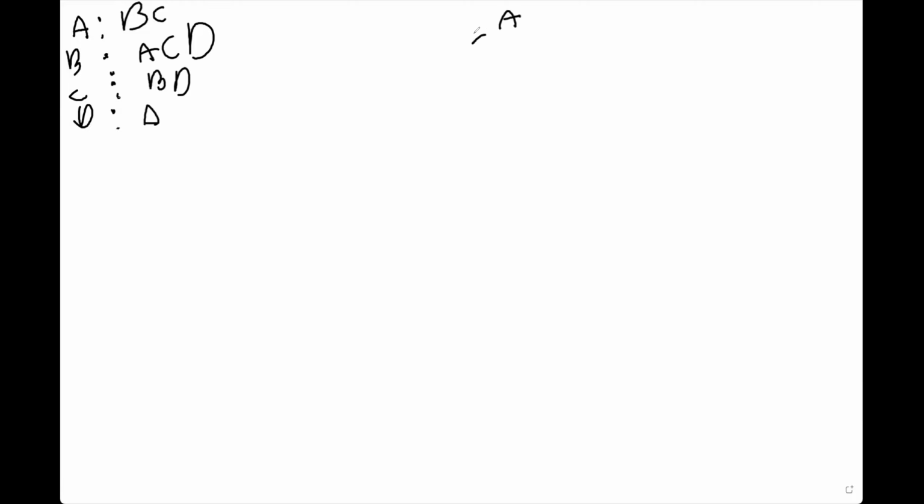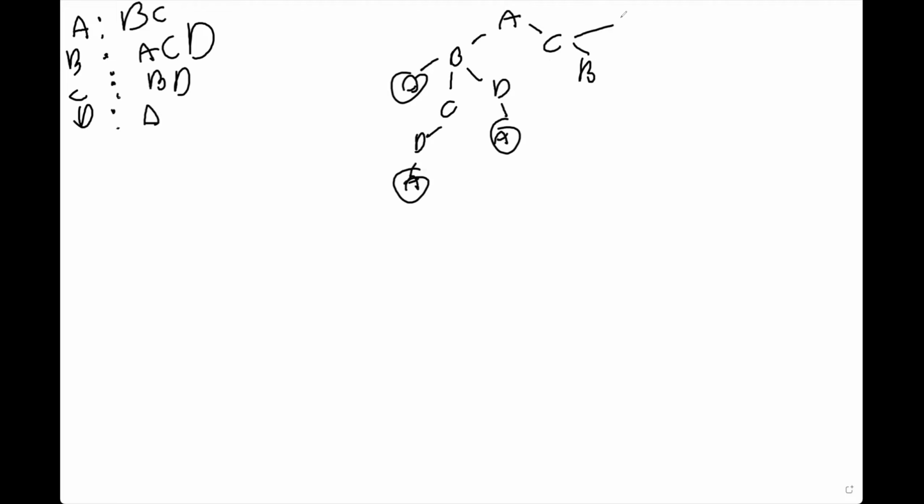So we see A, B, C. B goes to A, B goes to C, B goes to D, D goes to A, C goes to B, which can't happen, D, A. C goes to B and D, B goes to A and D, A once again.